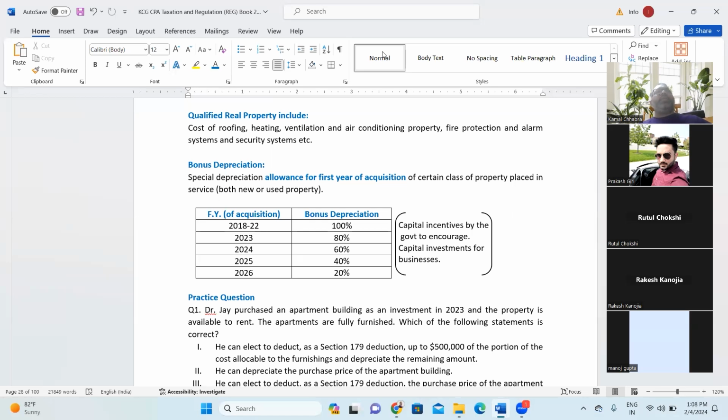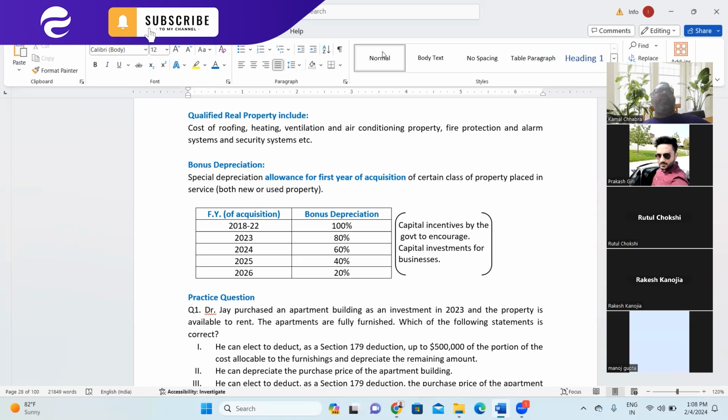Right? So the bonus depreciation you can charge is over and above the normal depreciation in year one when you are purchasing the asset, up to the limits which are shared with you for the respective financial year. Make sense?